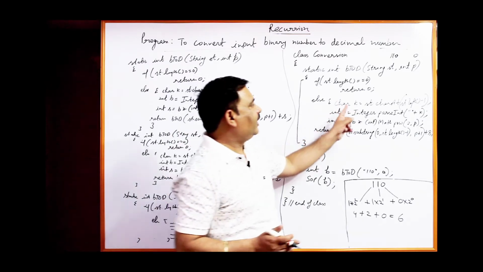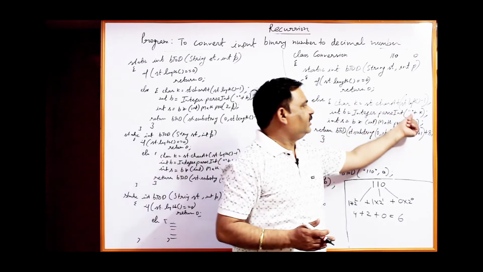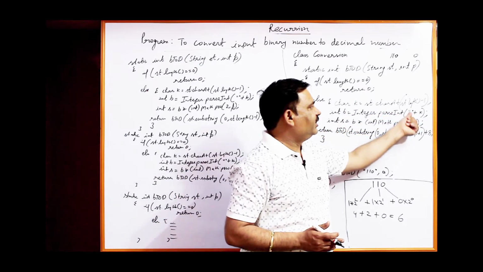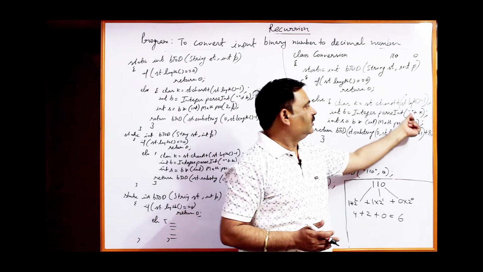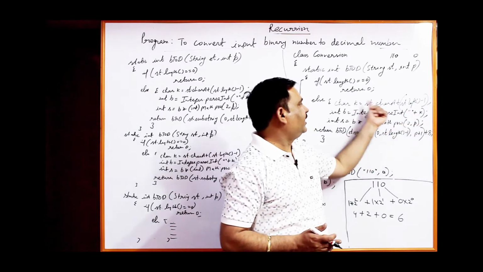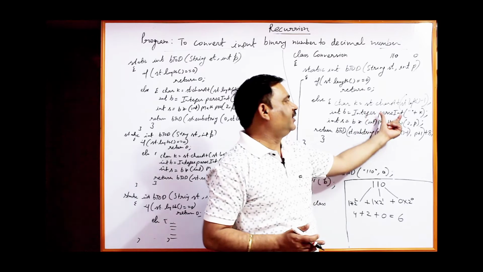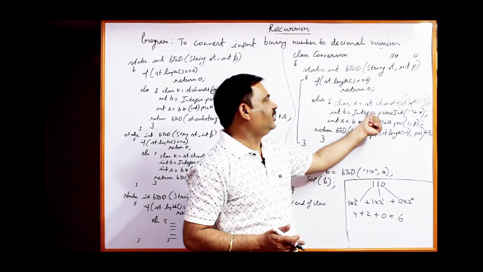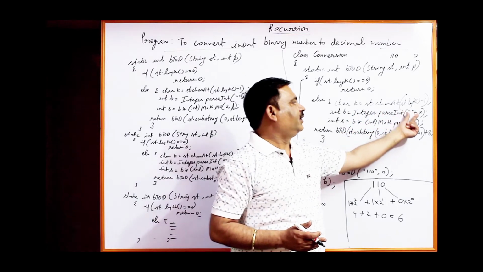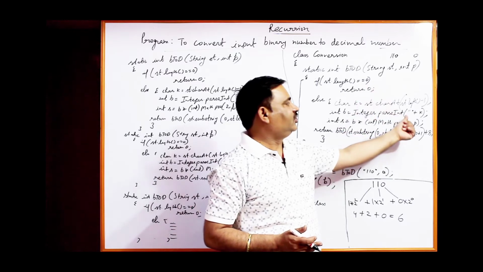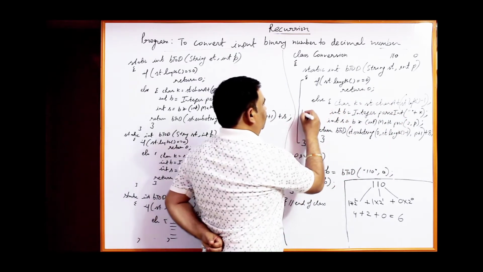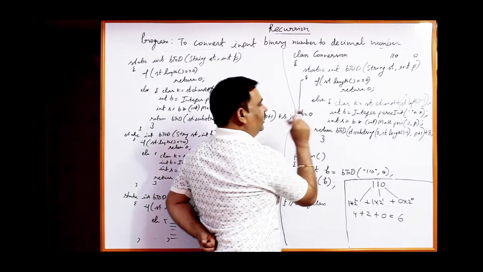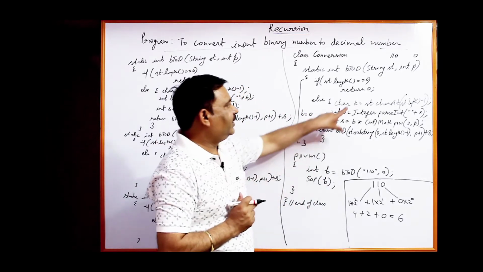Or you can convert k into a string, an empty double quote plus k. So this character will become a string, and using the parseInt function of the Integer class, Integer.parseInt converts this string 0 into exact 0. So the value of b will be 0. This is now an integer, whereas here it was a character.